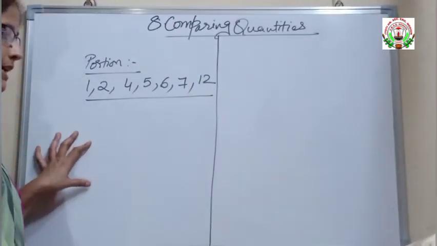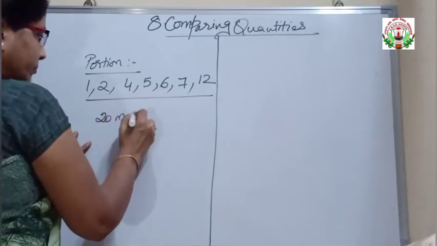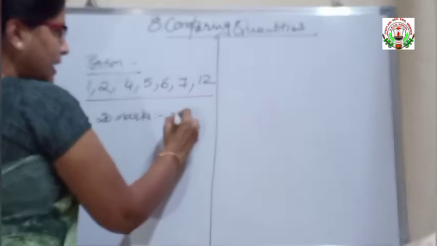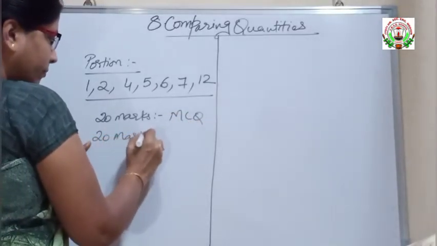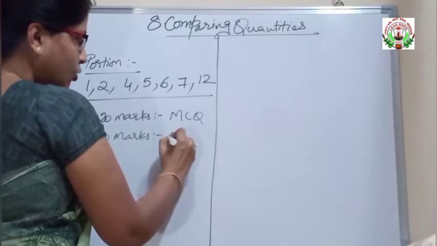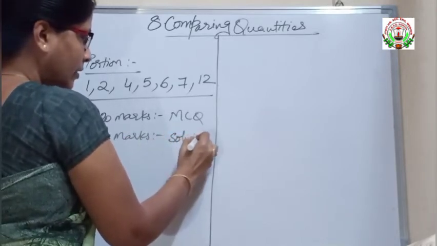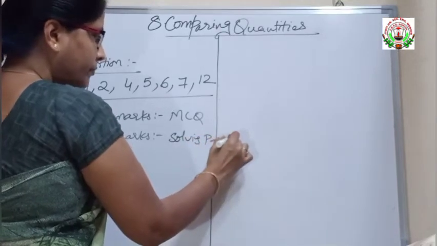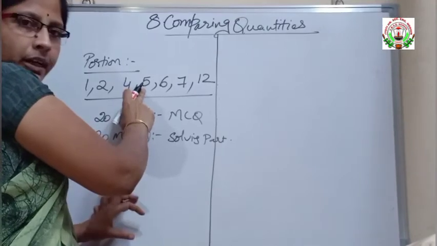These are your chapters for your midterm examination, and from these chapters 20 marks will be your MCQs and 20 marks will be your questions, that is the solving part. So this is your portion for your midterm examination.